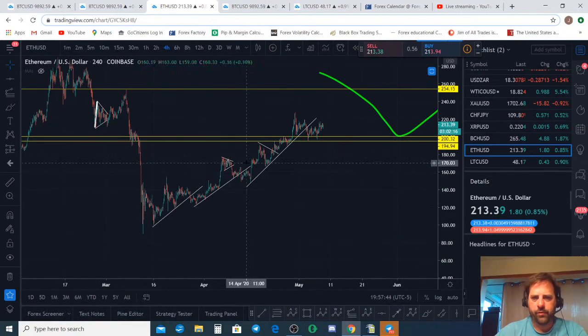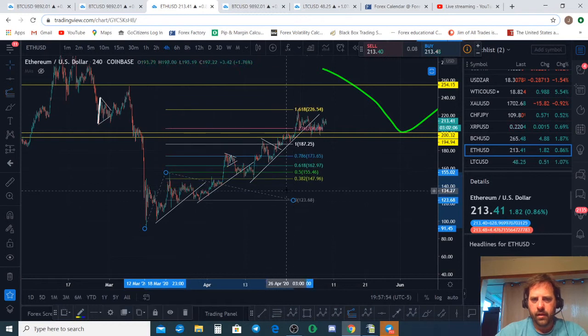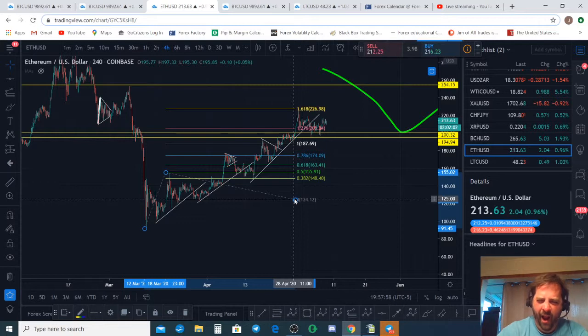Yeah, this looks more three wave-ish to me. It's a little clearer on the three waves. Oh yeah, came to the 786.